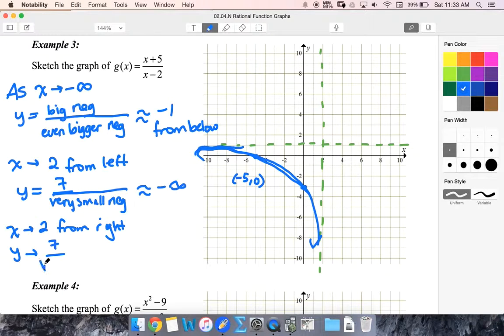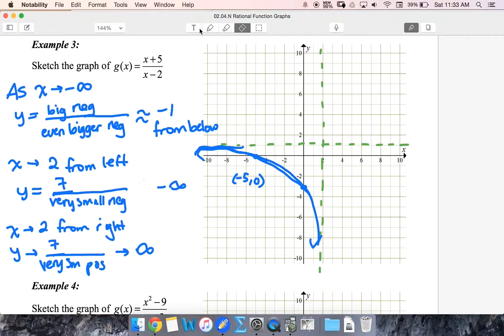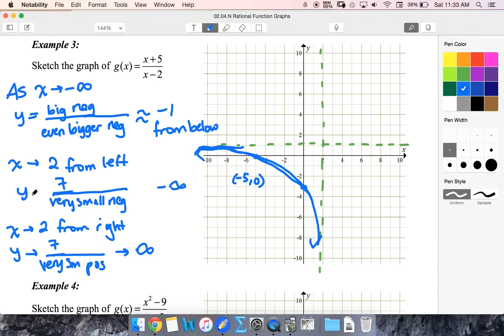So this is going to be very small positive, which goes towards +infinity. I shouldn't have used approximately equal here. I should have used an arrow to say I'm going towards this, and I'm going towards this. So that's going towards +infinity, like I thought.